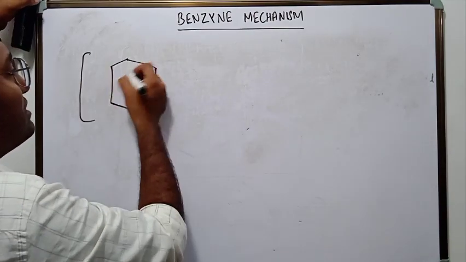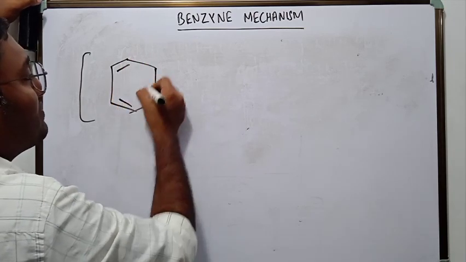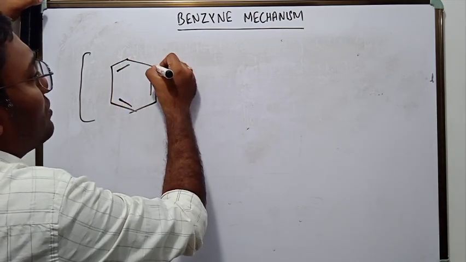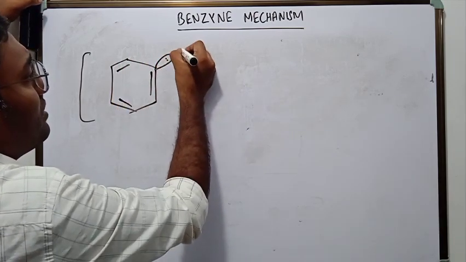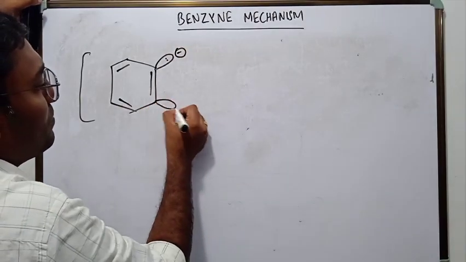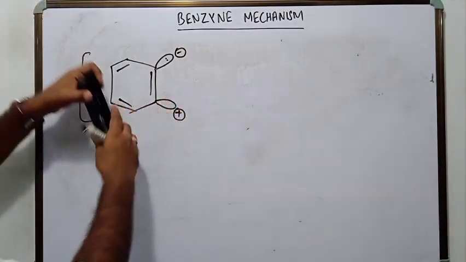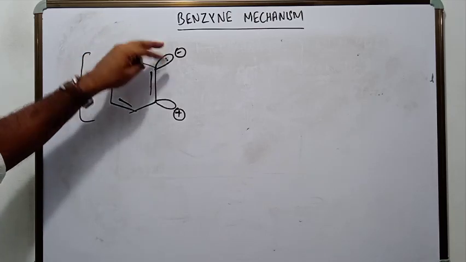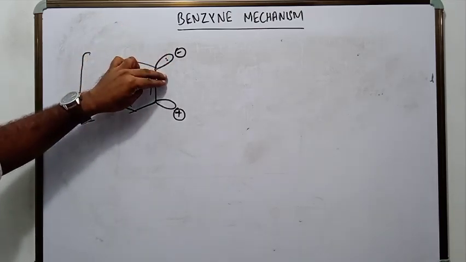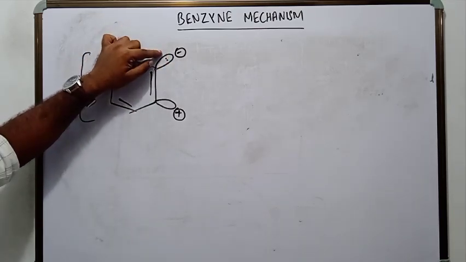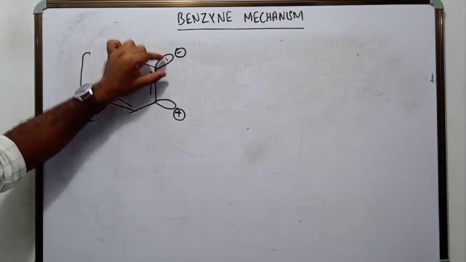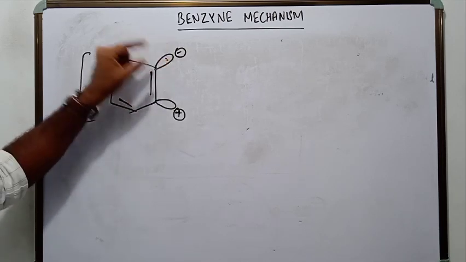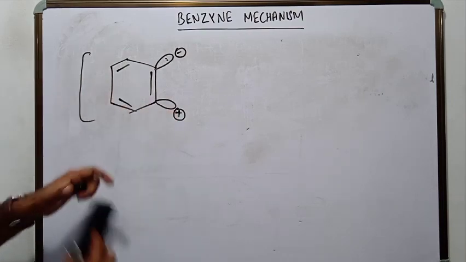Let us see the first resonating structure. This is the first one. See here. Suppose the triple bond breaks, okay, the upper lobe takes the pair of electrons. If the triple bond is breaking, then one of the lobes, the upper lobe here, suppose it has taken a pair of electrons, then of course the lower lobe is positively charged.